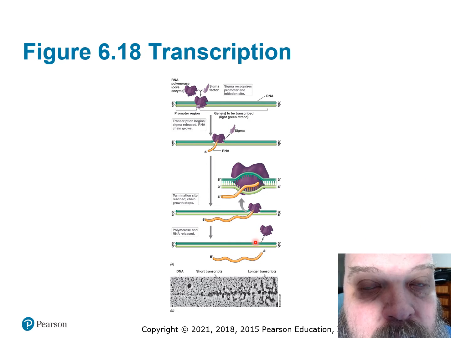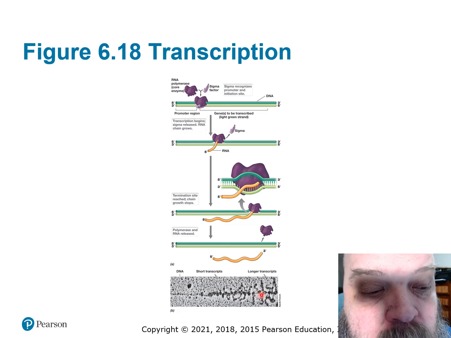Its interaction with the double helix will become unstable. The reason being, the hairpins and whatnot that the messenger RNA will be forming will cause it to lose its interaction with the double helix. It starts to fall off.